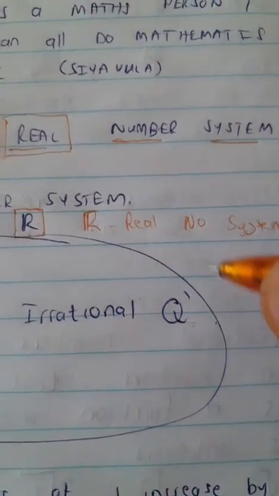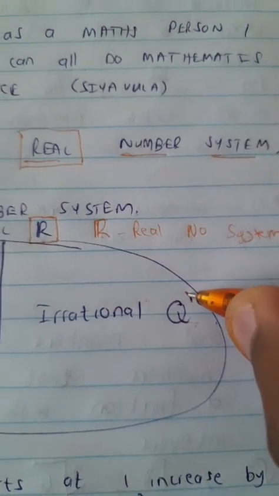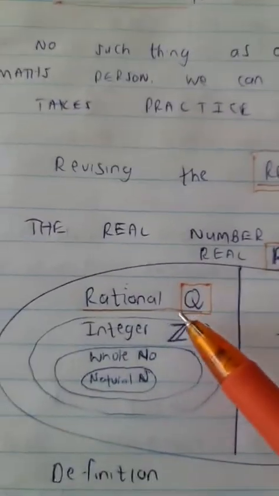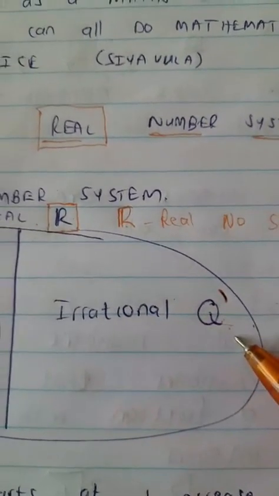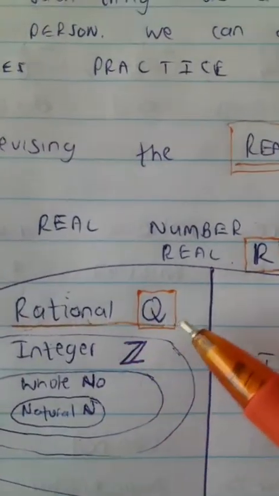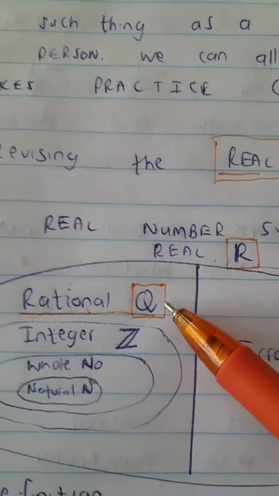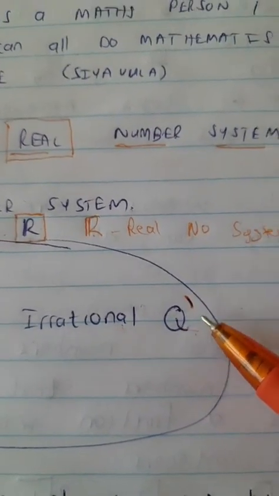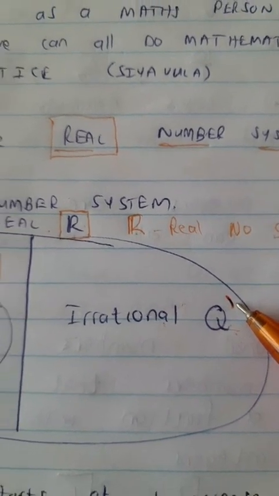It's a Q, but it has an apostrophe. So the real number system can be divided into rational numbers and irrational numbers. The rational numbers have a standalone Q, and irrational numbers have a Q with an apostrophe, which is very, very important.